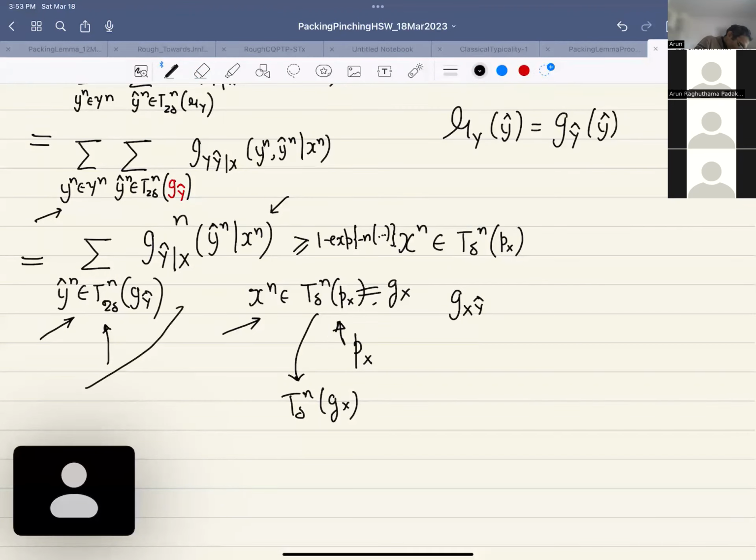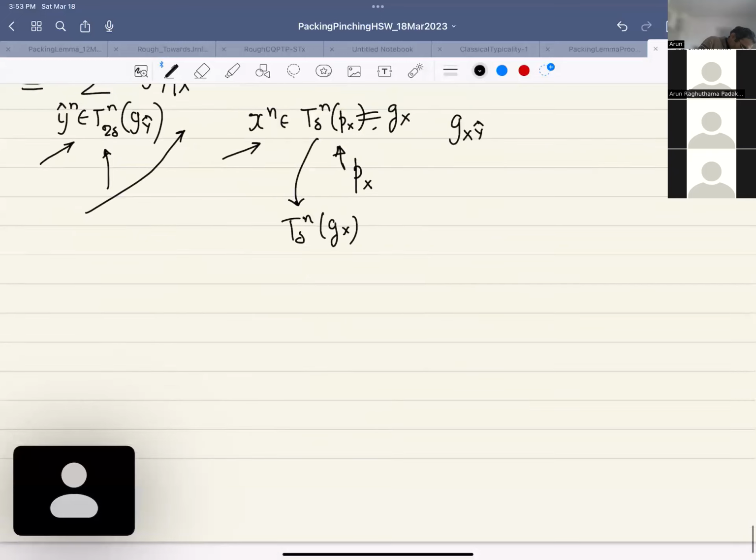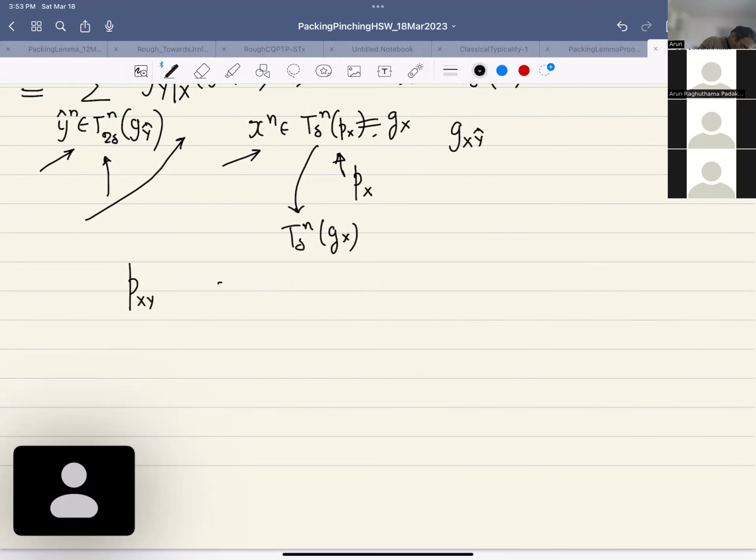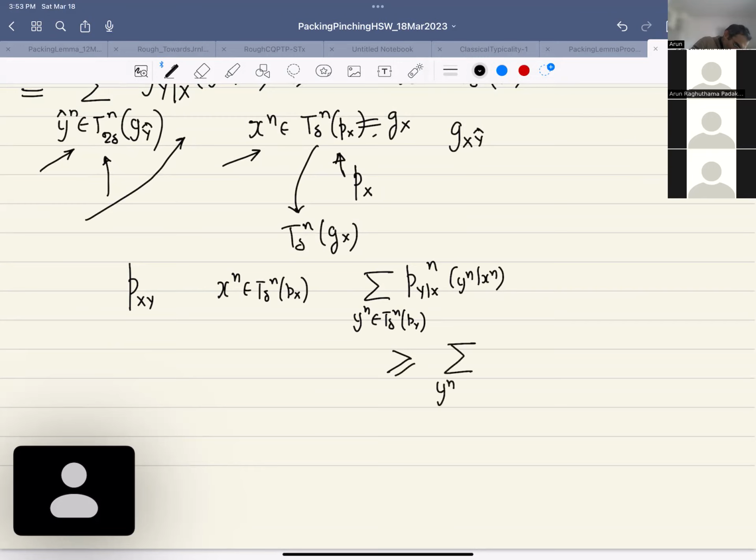And hence, all that I'm saying here is if I take one distribution pxy and I take an xn belonging to T delta n px, and I look at this T delta n py given x of yn given xn, I know this is even greater than this quantity. If I take the conditional typical set, that conditional typical set is sitting inside py given x of yn given xn.